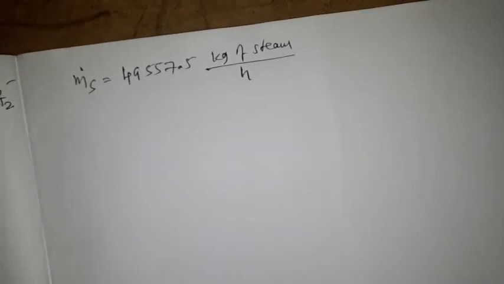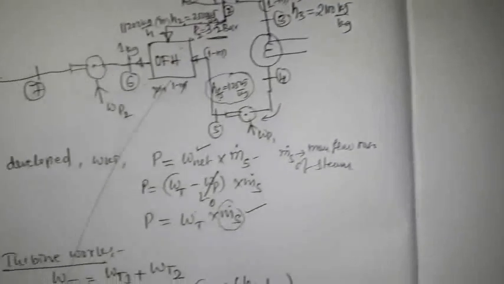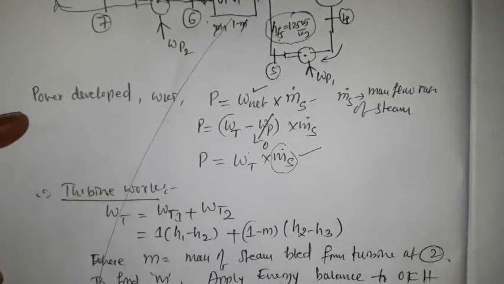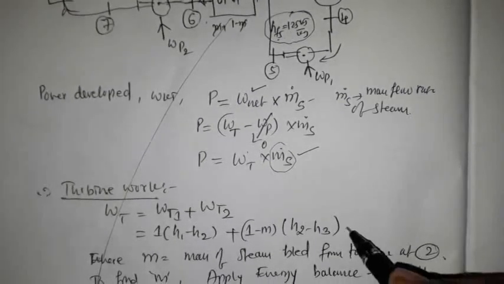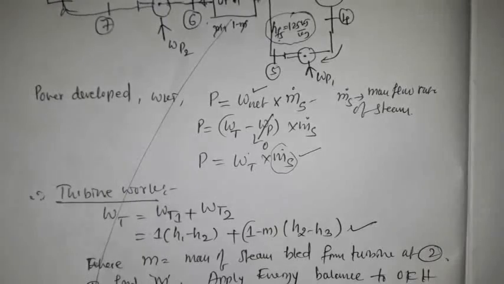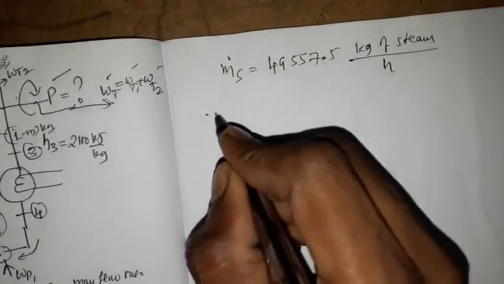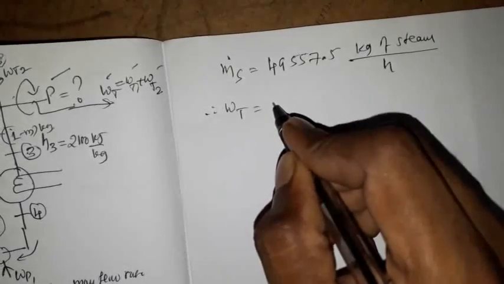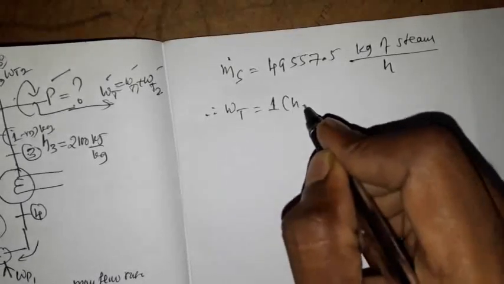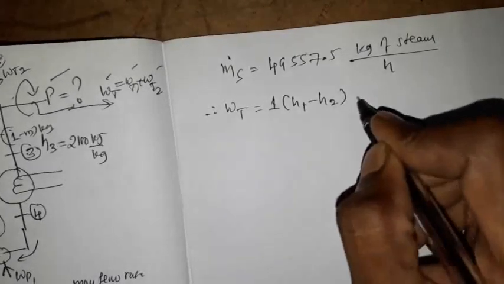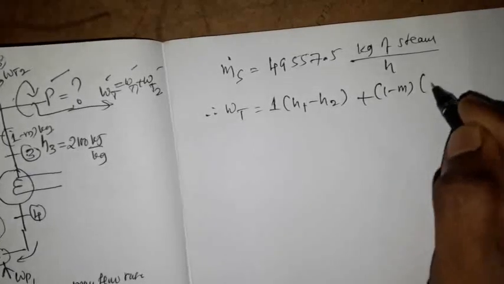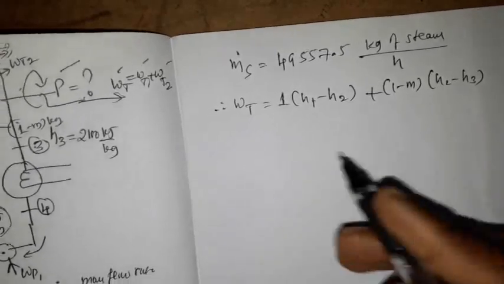Now we remain with the turbine work expression that we had written. So let's substitute the known values in this equation and calculate the turbine work. Turbine work, I will write this equation once again: 1 into h1 minus h2 plus 1 minus m into h2 minus h3.